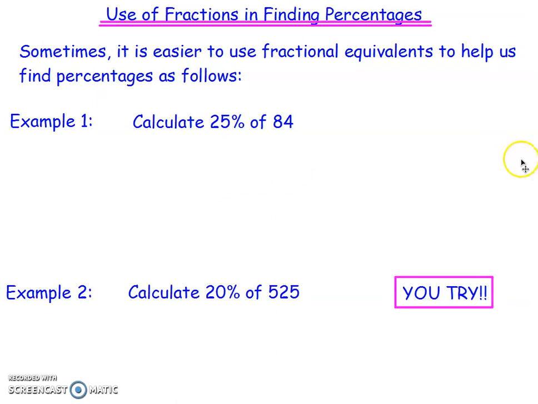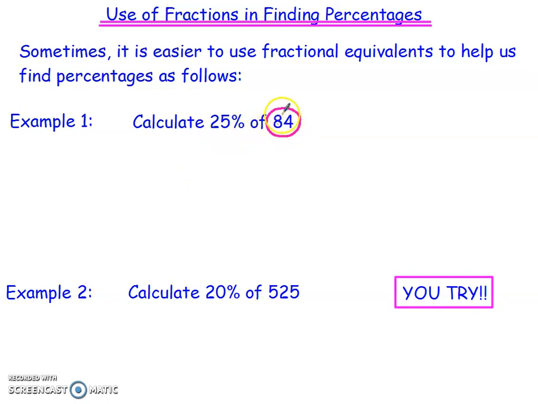Again, sometimes it is easier just to use fractional equivalents as well, depending on the number that we have. So in this case, for example, 25% we would recognise as 1/4. And again, I would encourage the pupil to have a look at the number that they're trying to find a quarter of and see, is it nicely divisible by 4? If not, and that's potentially going to cause them to run into some trouble, then again there are other options there.